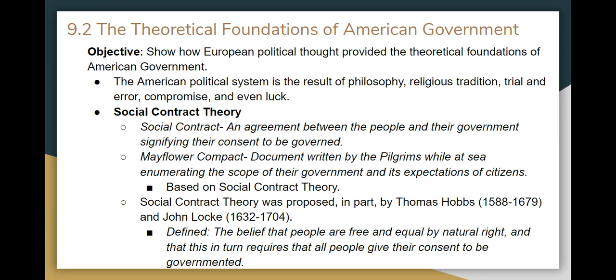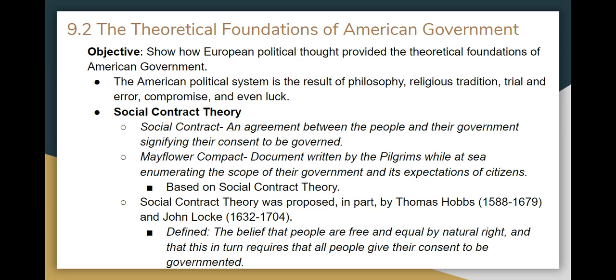This is based on that social contract theory, but the theory itself was proposed in part by Thomas Hobbes and John Locke. They overlapped, and they were both influenced to some degree by the English Civil War, but they had very different views on humanity, and that guided their philosophies.